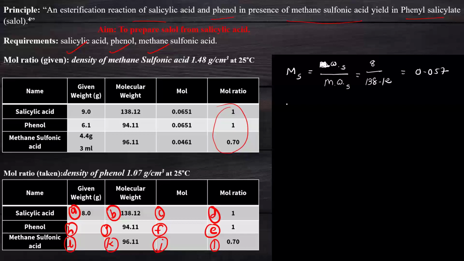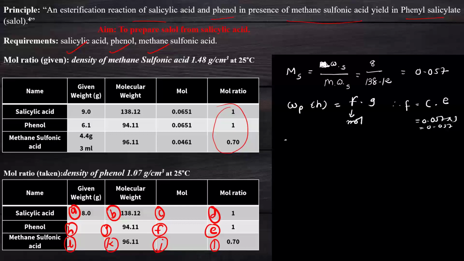Now we want to get the weight of phenol. How will we get it? The weight of phenol, denoted by H, is F into G. F is the mole of phenol, and for the mole we use the following equation: F is equal to the mole of salicylic acid multiplied by the mole ratio of phenol. If we multiply 0.057 by 1, we get the same result, 0.057.